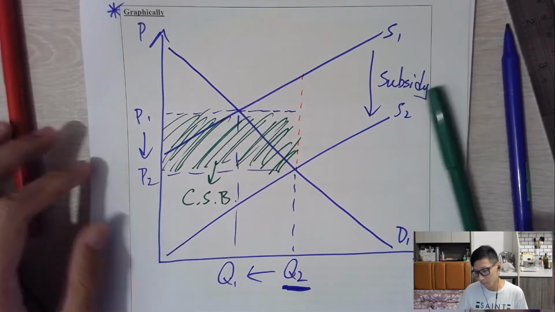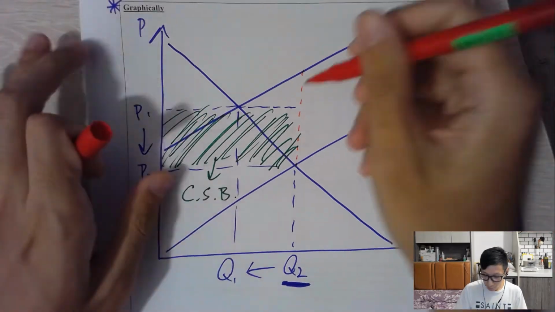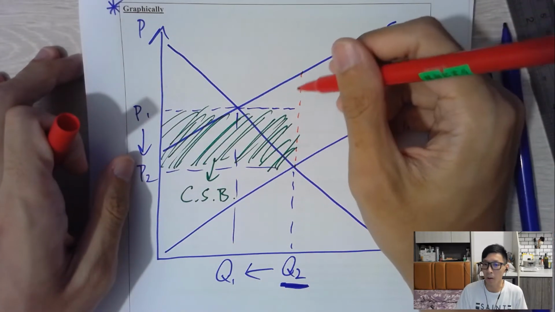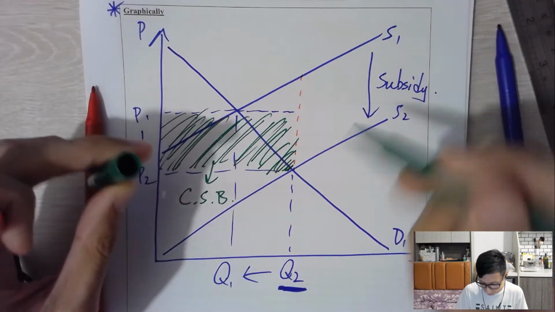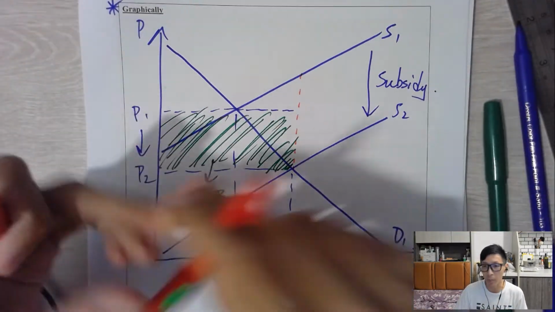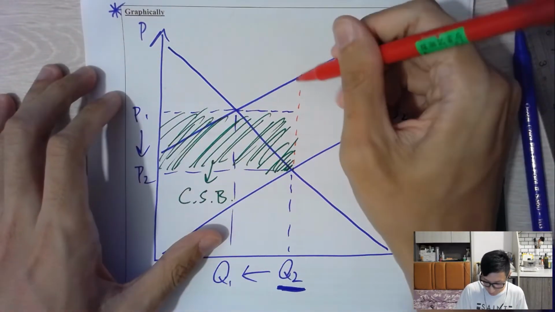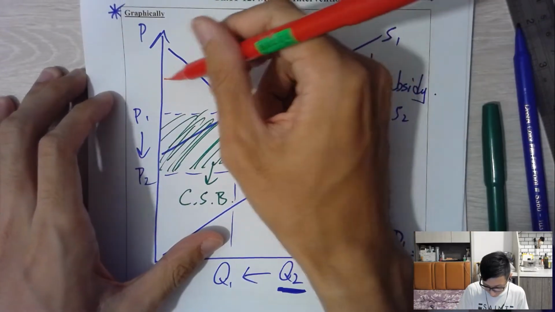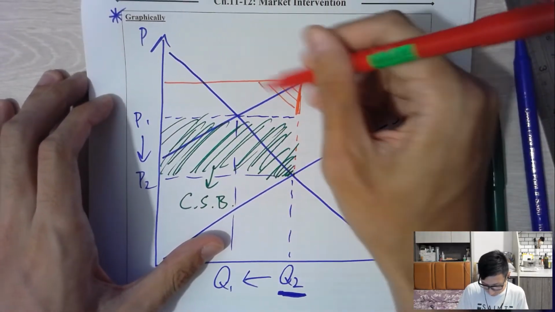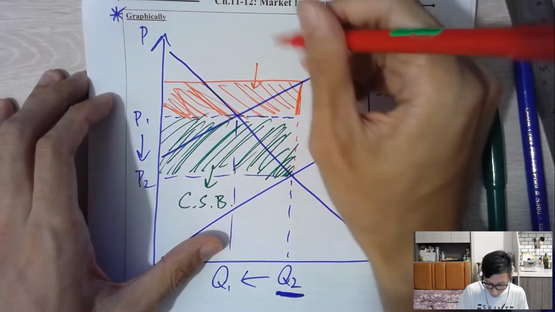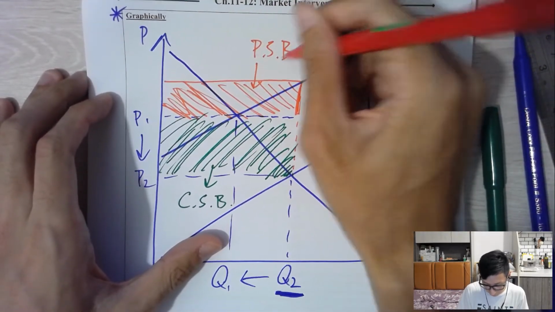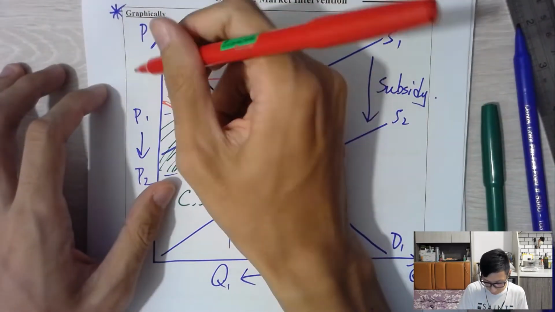We know the vertical distance is the per unit subsidy, right? So who gets the rest? The rest of it, this part, would be the producer subsidy benefit. Then P3.